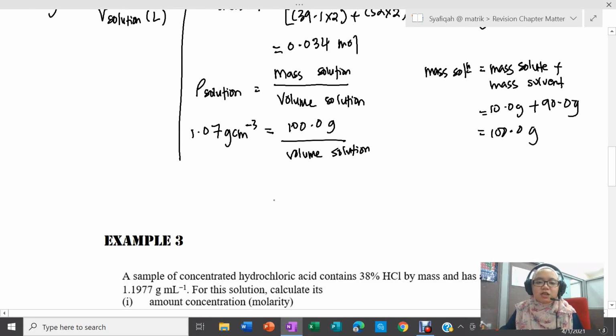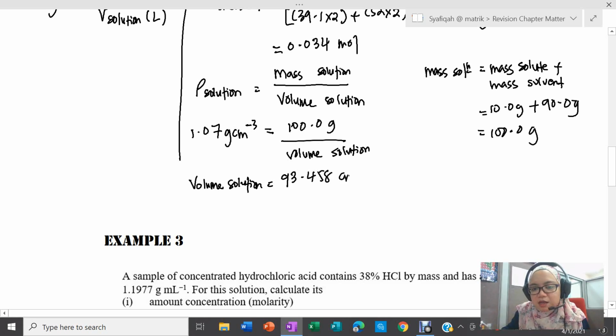Okay. So, sekarang kita boleh dapatkan volume solution. Betul? So, 100 divide by 1.07. So, you will get volume solution sama dengan 93.458 cm cube.